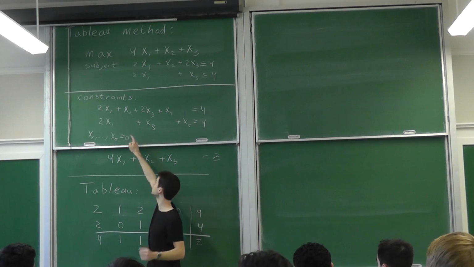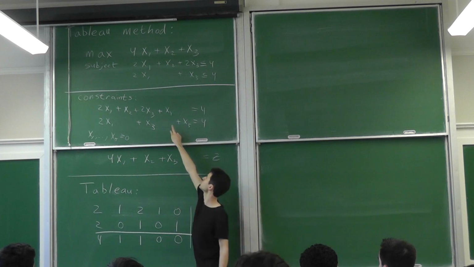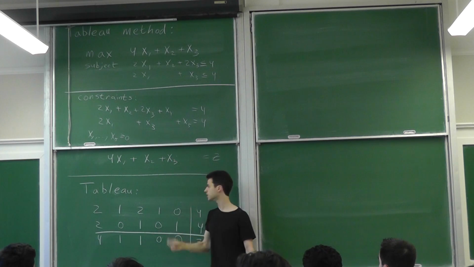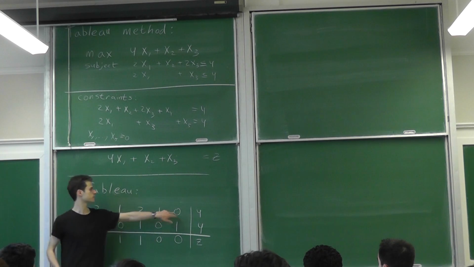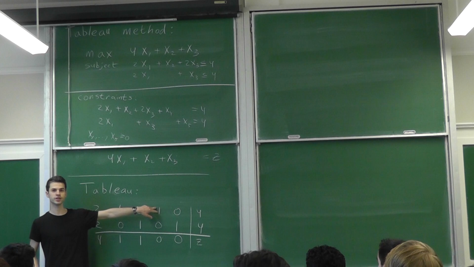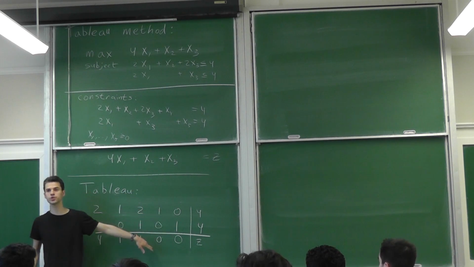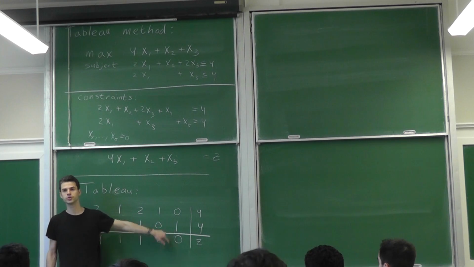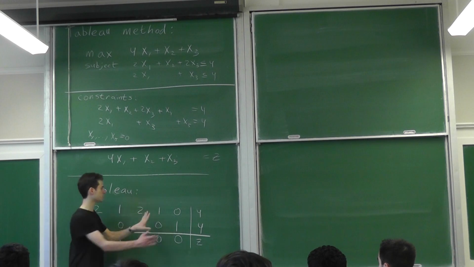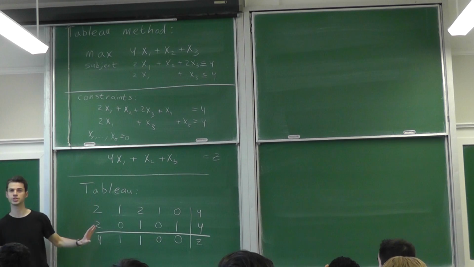In the first step we set all the decision variables to 0, and these are the basic variables. x4 is 4 minus the rest, and it's quite special in the sense that the whole column which corresponds to x4 is 1, 0, 0. Similarly, x5 is a basic variable. You see 0, 1, 0. So you can just look at this table and see the basic variables: 1, 0, 0 and 0, 1, 0.